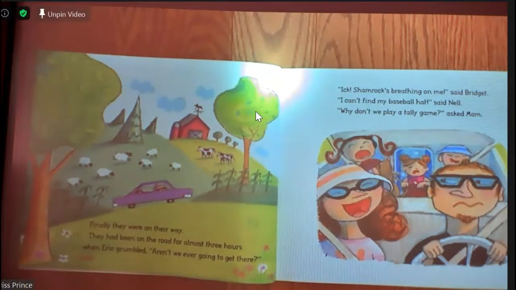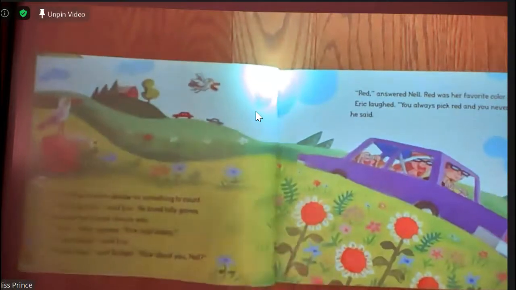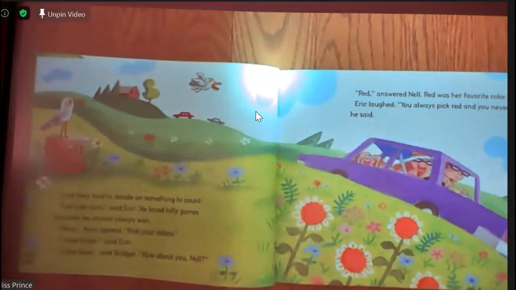They had been on the road for almost 3 hours when Eric grumbled. Are we ever going to get there? Ick, Shamrock's breathing on me, said Bridget. I can't find my baseball hat, said Nell. Why don't we play a tally game? Asked Mom. First, they had to decide on something to count.